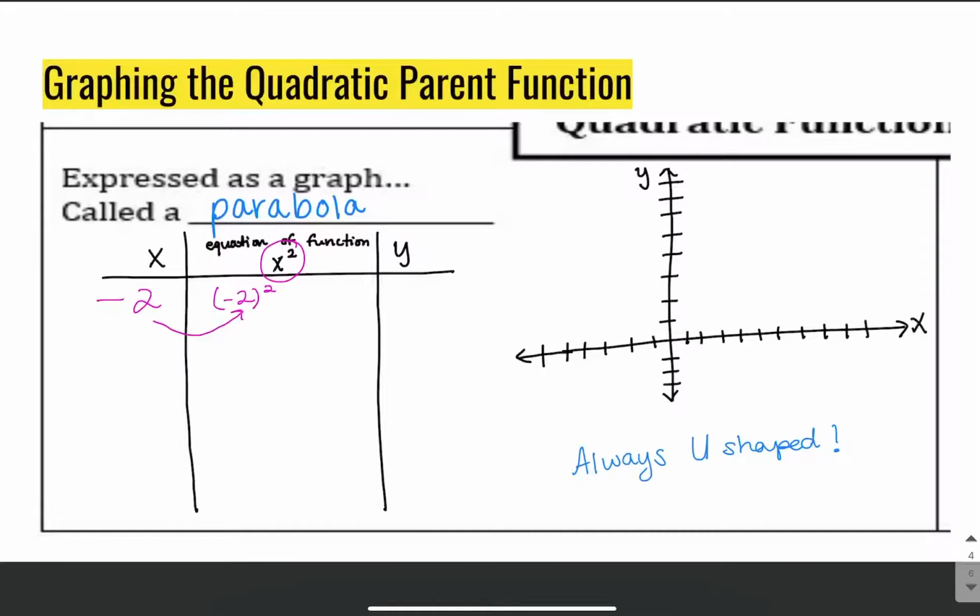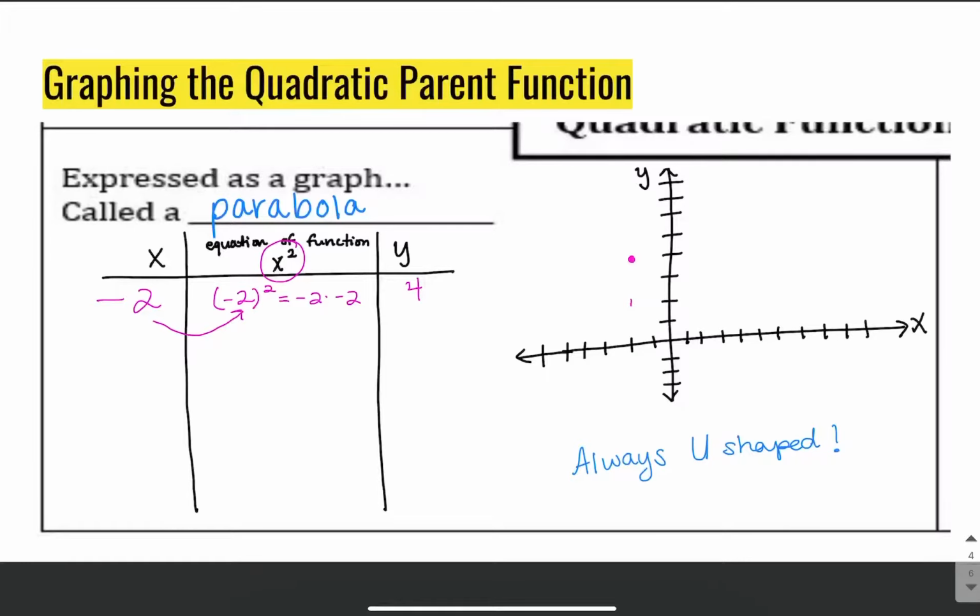Make sure we put parentheses because we have to make sure we're squaring this correctly. So that would mean negative 2 times negative 2. A negative times a negative is a positive, so my answer is 4. So this is my first coordinate point. I need to go to negative 2, 1, 2, and then up 4. Again, approximation, it should end up right there.